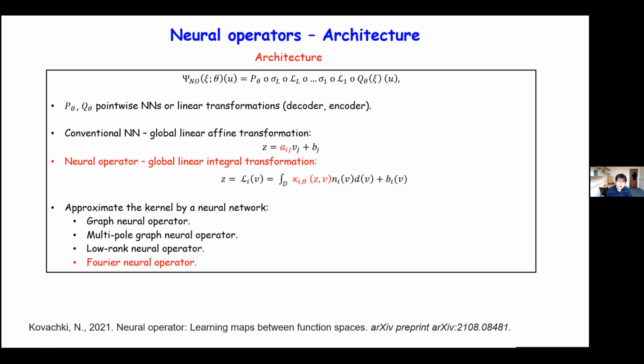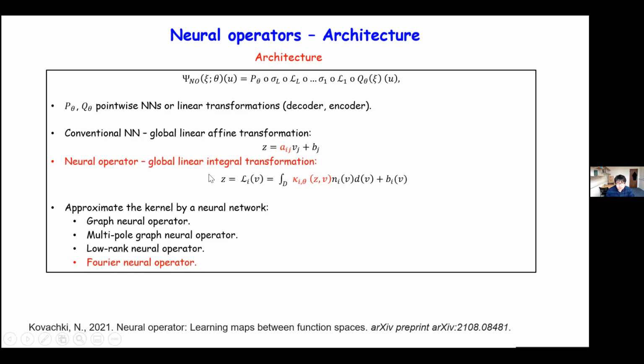So this is where we're trying to generalize this global linear affine transformation in a conventional neural network to this integral transform. Of course, there are different integral transforms and different kernel architectures we can use, and we have come up with a few of them. This includes graph neural operator.